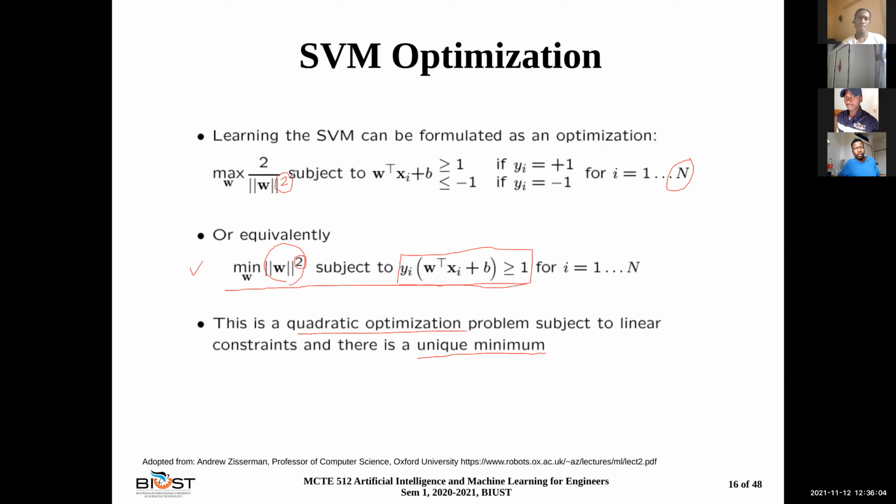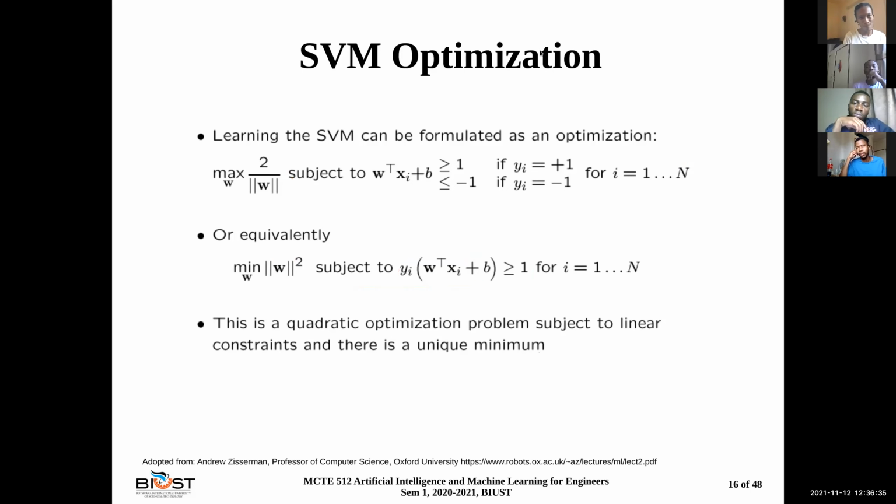Why is there a square there? Okay, let me delete everything. There's a square. At the bottom here, there's no square. Here, there's suddenly a square. Are they equivalent?